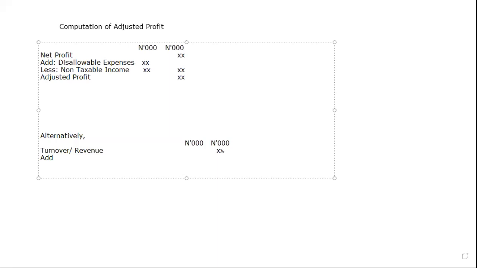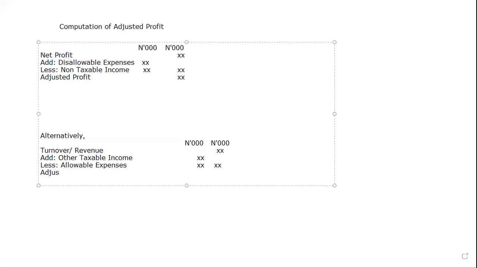Add other taxable income, less allowable expenses. All right. You have something here. What you then get is referred to as the adjusted profit. Is somebody with me, please?